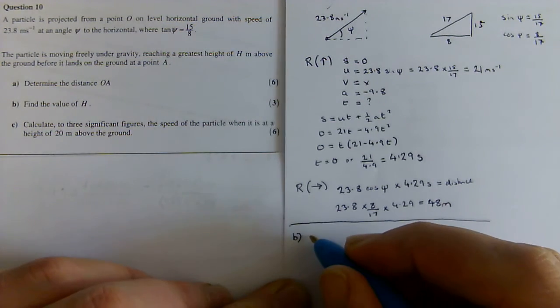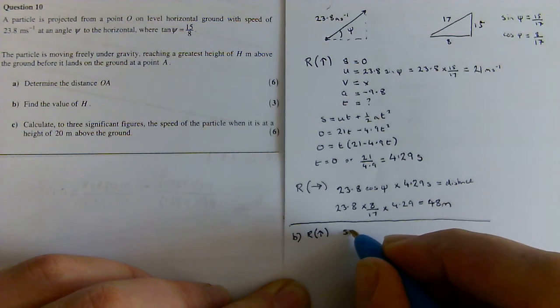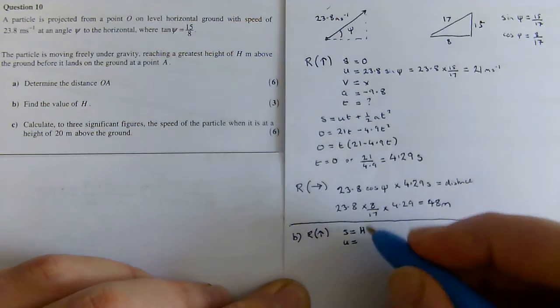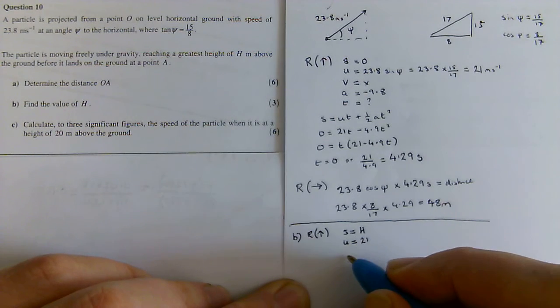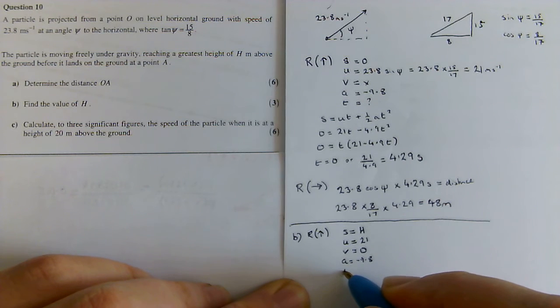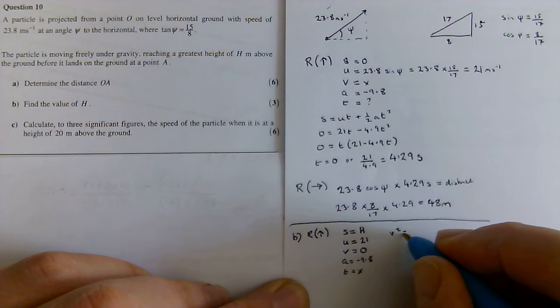For part B, I'm again resolving vertically. The maximum height is h. u is the same as in the previous question, it's 21. v is 0 because it's instantaneously vertically at rest. a is minus 9.8, and I'm not interested in t, so I'm going to use v squared equals u squared plus 2as.